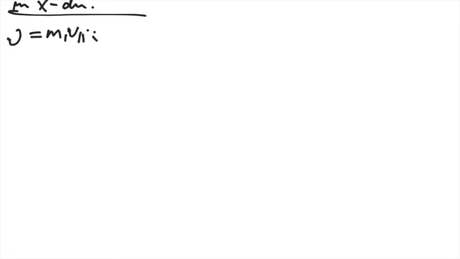In the x direction, we have zero momentum to begin with, and afterwards mass 1, velocity 1 final in the x direction, plus mass 2, velocity 2 final in the x direction, plus mass 3, velocity 3 final in the x direction.